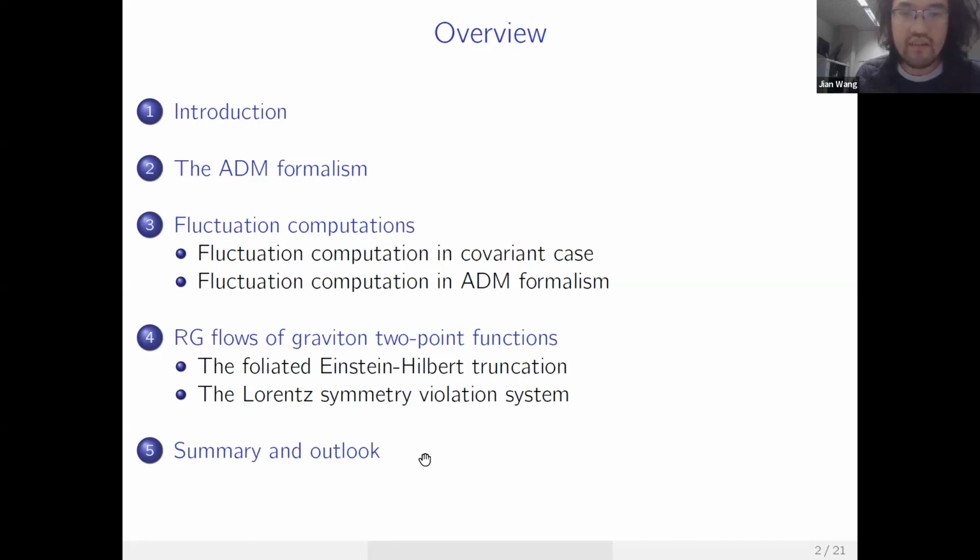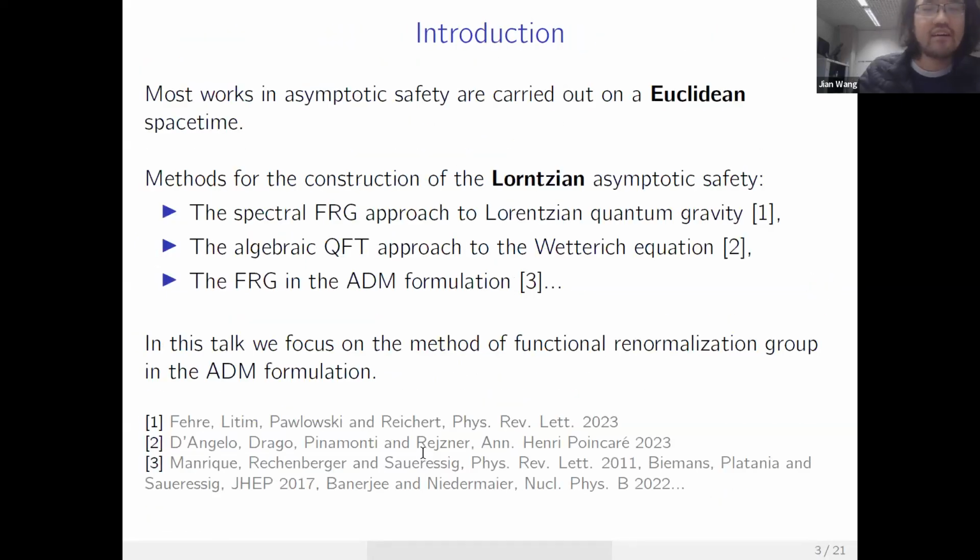Okay. First, let me start with the introduction. We all know that most works in asymptotic safety are carried out on Euclidean spacetime. Then, the Lorentzian asymptotic safety program is an open question in this field. So now there are several methods to construct the Lorentzian asymptotic safety.